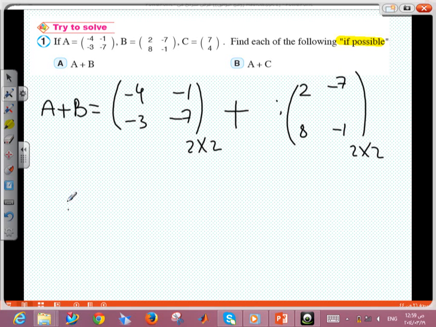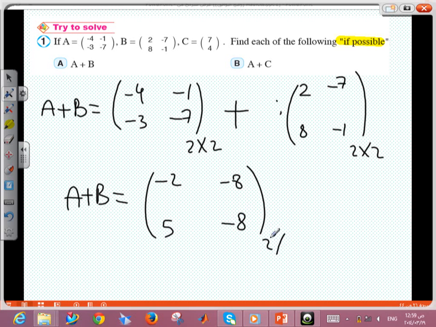Now we can add it. Then the result will be negative 4 plus 2 will be negative 2, negative 1 plus negative 7 will be negative 8, negative 3 plus 8 will be 5, negative 7 plus negative 12 will be negative 8, with the same dimension.